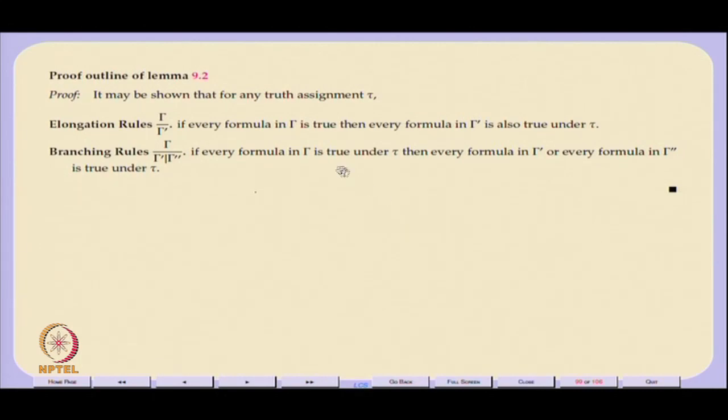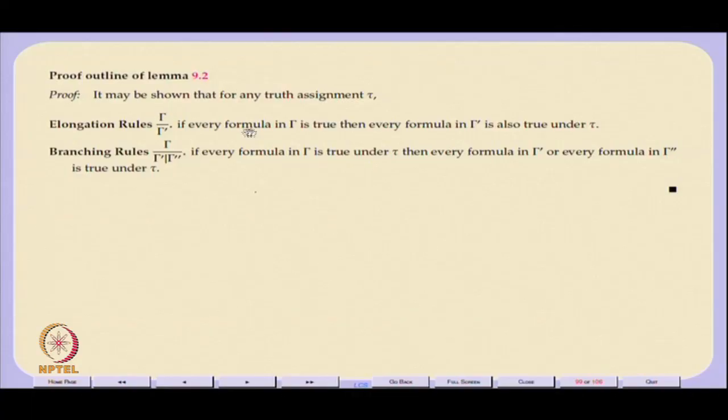The proof is very simple. You just take an arbitrary truth assignment for which gamma is true, and show that if a chosen formula phi in that gamma is true, and an elongation rule has been applied, then by case analysis on the denominators, you can show that each of them would also be true.